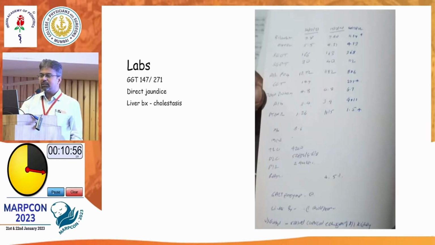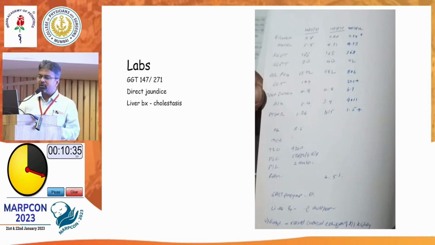These are the tests done in 2021, which showed a PT-INR of 1.26, 1.15 and 1.5, and a GGT of 147 and 277, and there is a direct jaundice: 7.8 is the total and 5.5 is the direct fraction. SGOT and SGPT are mildly deranged.